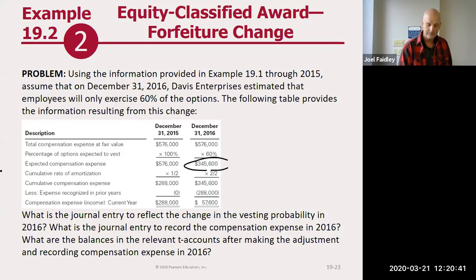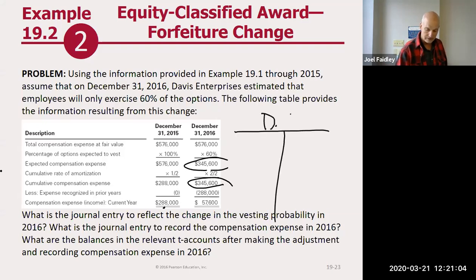So that 576, we've already put 288 in. If 345 is the total amount, then we in essence need to make an adjustment of what? 288,000, or excuse me, 57,600. So we in essence are going from, where's my chart? This was deferred comp, and we started out with 576, 288 came out, and now that 576 is actually supposed to be what, 345?